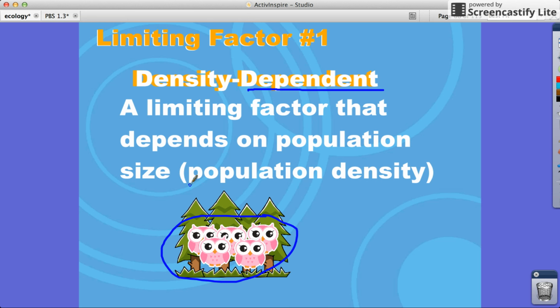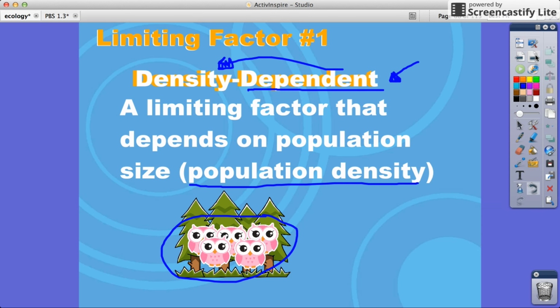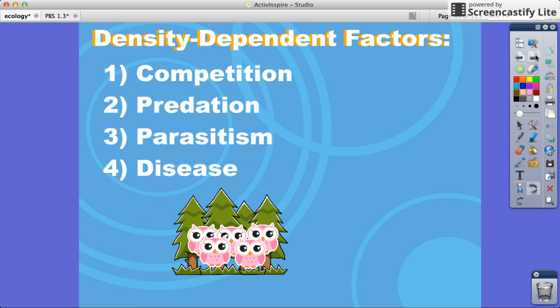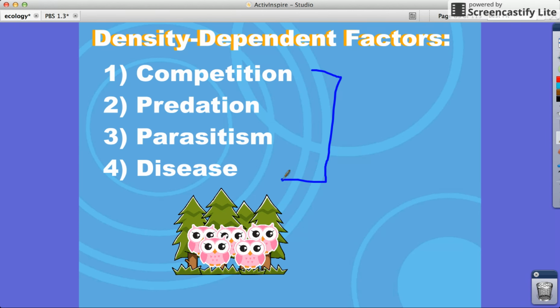Anything that is population density related is going to be a dependent limiting factor because it depends on the size of how many animals there are. So let's take a look at some of these because that might put this in better context and help you understand what this means. We have 4 limiting factors that are density dependent, and none of these should surprise you.